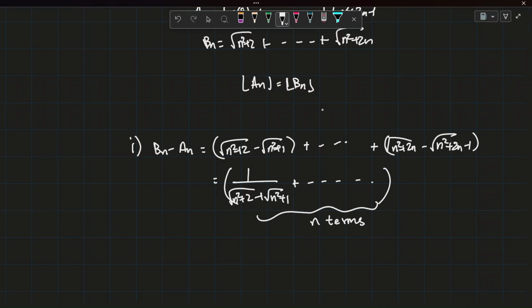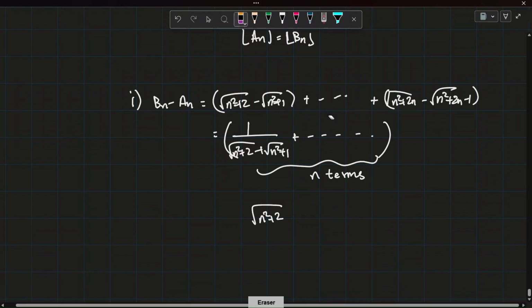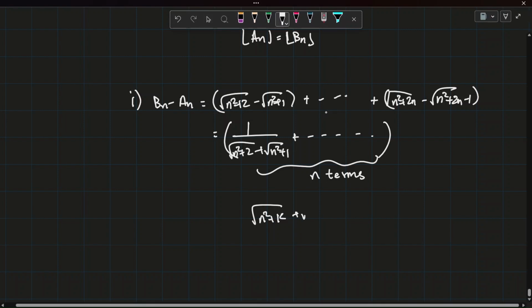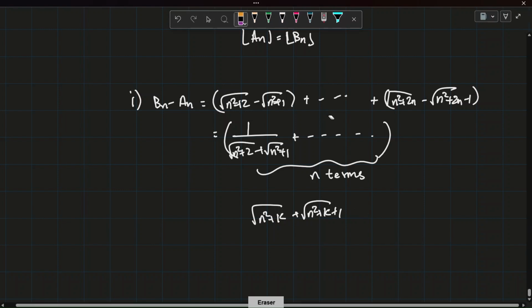And note that the square root of n squared plus k plus the square root of n squared plus k plus 1, these are two numbers, and of course this is greater than 2n. Why is this?